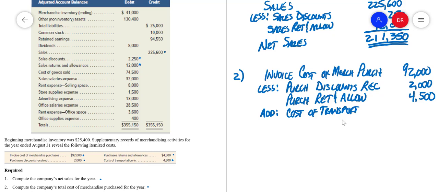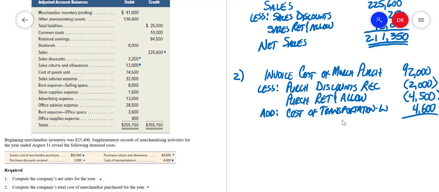This will be 4,600. Okay, so basically we're going to add the 92,000, subtract the 2,000 because that's a discount, subtract the returns and allowances, and then add in the cost of transportation in.